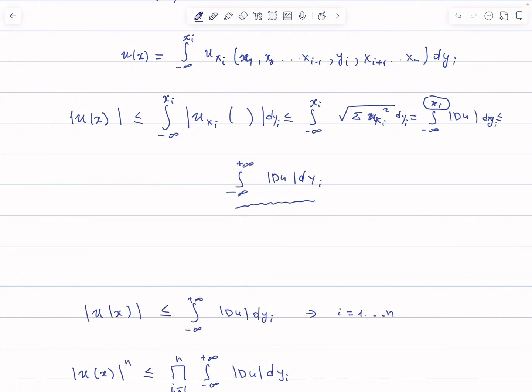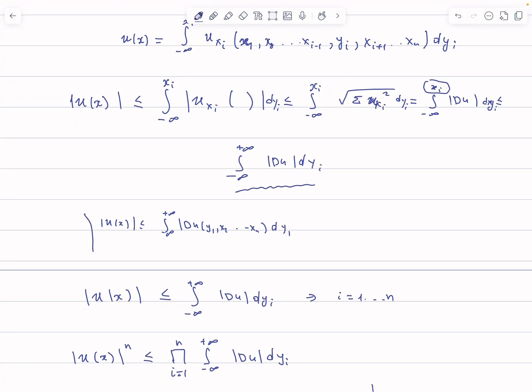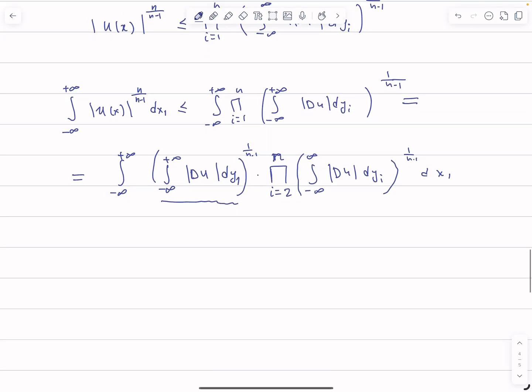This is |u(x)| less or equal than the integral of |Du| with x1, x2 and xn, dy1, so we don't have x1. If we don't have dependence on x1, it means this one is constant, and we can take it out of the integral.